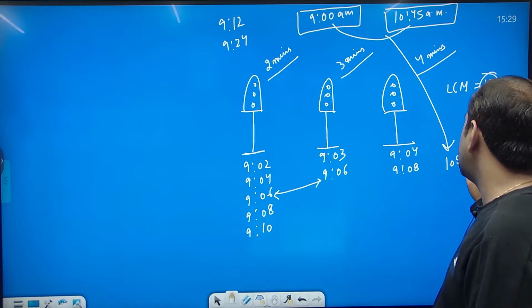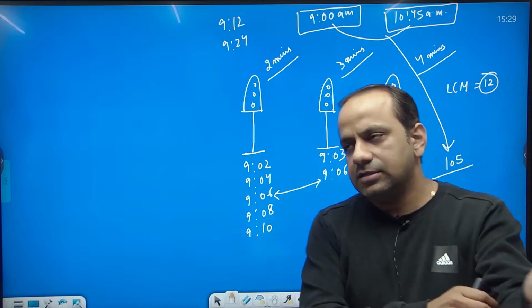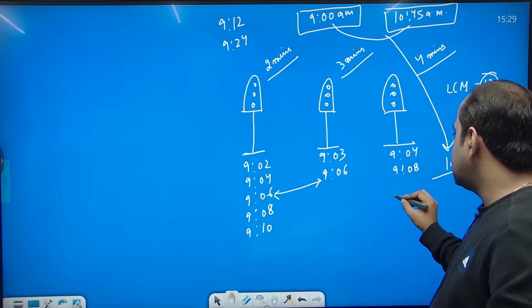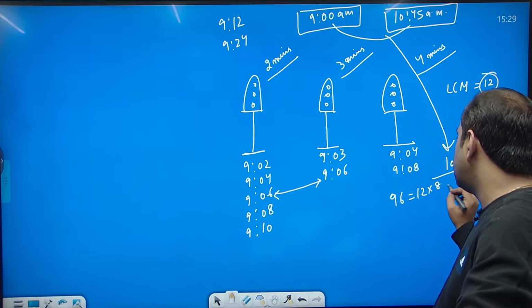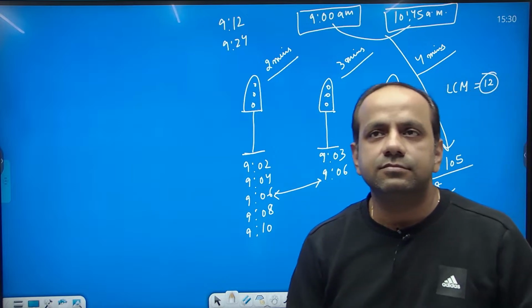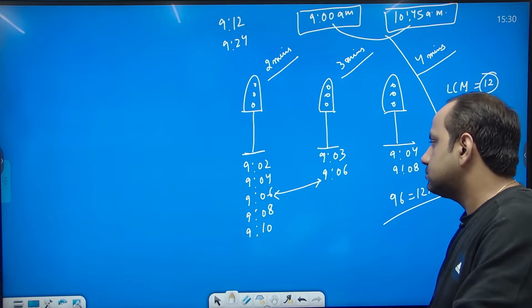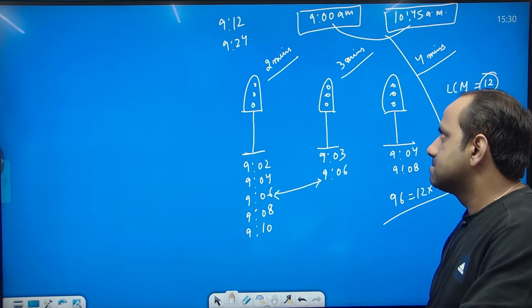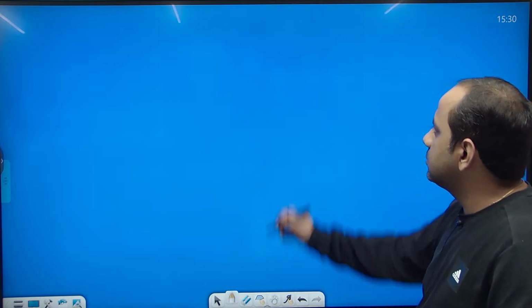Can you tell me any multiple of 12 which is before 105? 96. So we can say 96, that is 12 into 8. So 8 times they will be green altogether. Any doubt in this? This is the application of LCM concept. Clear? Okay, let's move on to the next point.